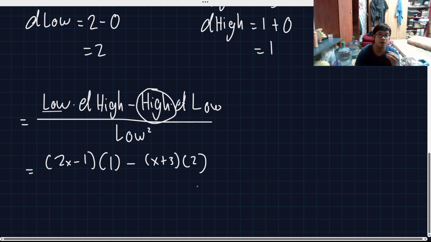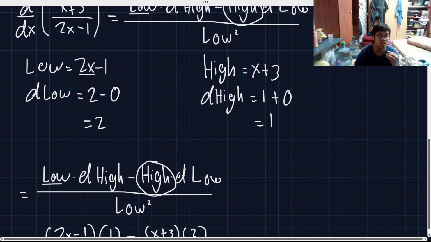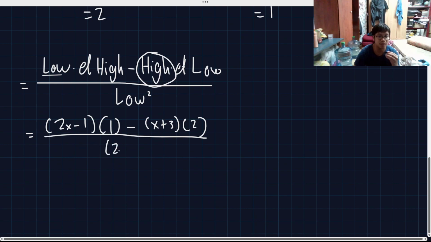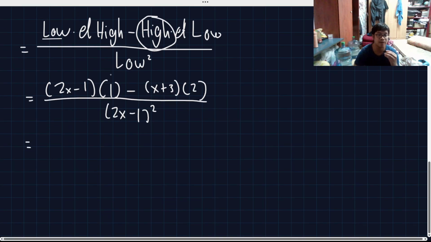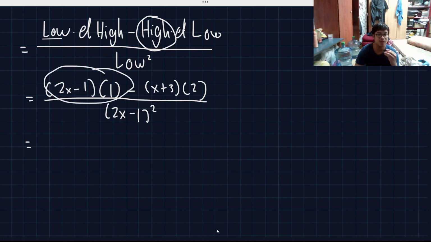All over the square of low, which is 2x minus 1 squared. Then you combine everything. Remove these parentheses. On the first term, we have 1 times 2x minus 1. This is just the same as 2x minus 1, because 1 times everything is everything.